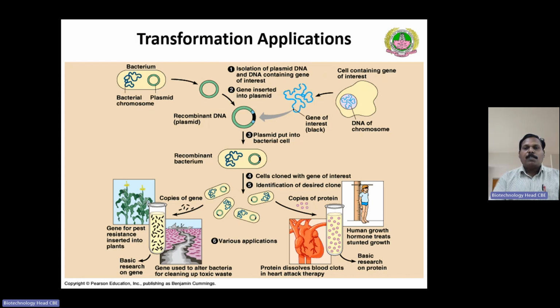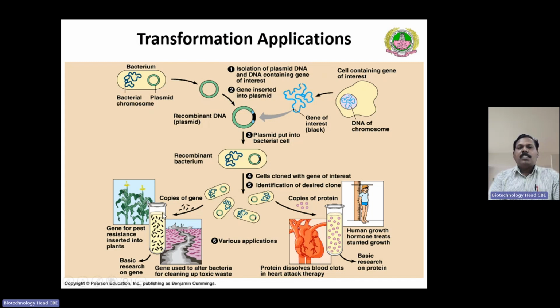So what are the applications of this transformation? It can be used to clone DNA to create transgenic plants that express genes for pest and disease resistance. A good example is Bt cotton, which harbors the cry protein genes that impart resistance to Lepidopteran pests.